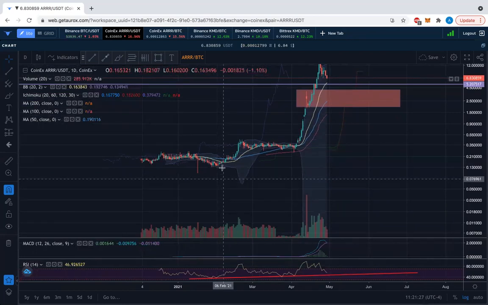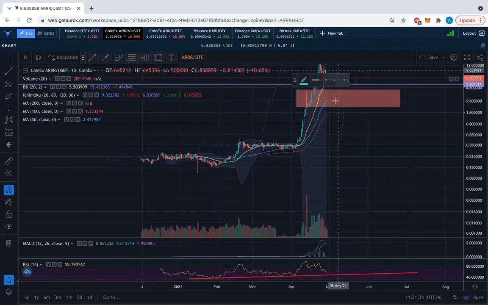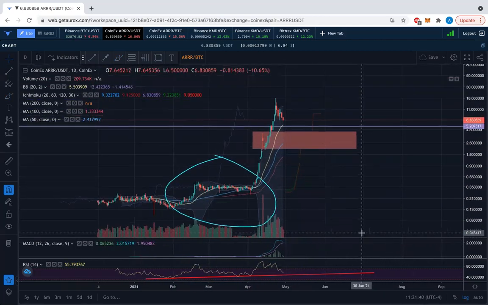So we're looking at this group of movements here, and then this one up here.